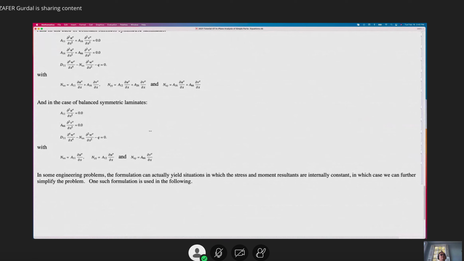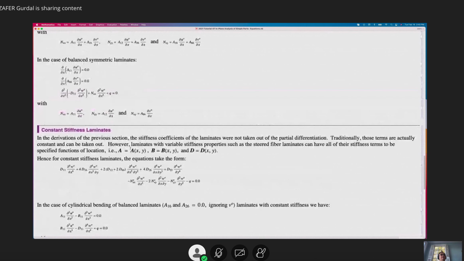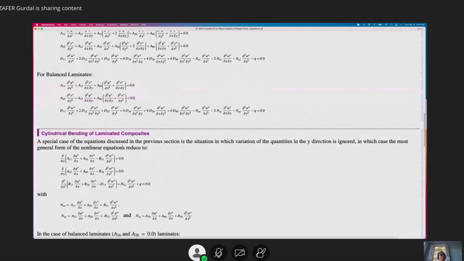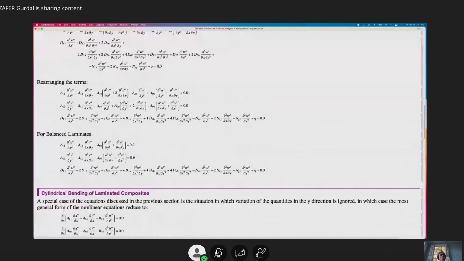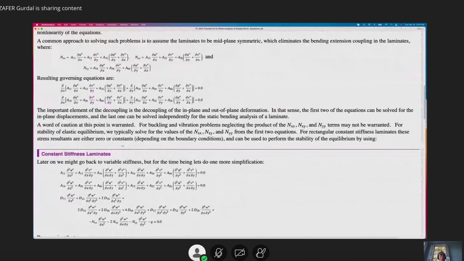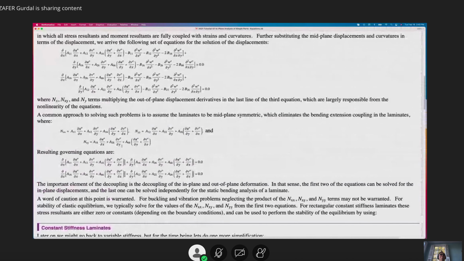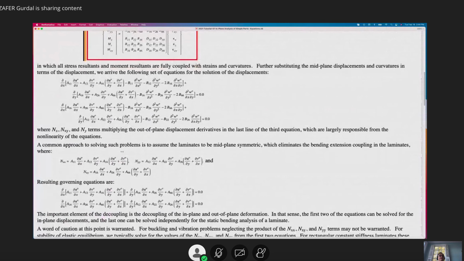I should have done that. I did the constant stiffness limits, but that's the bending equation. Yeah. So this was the in-plane.